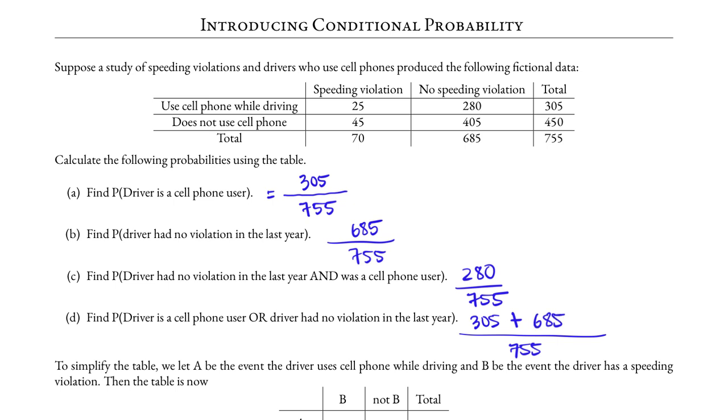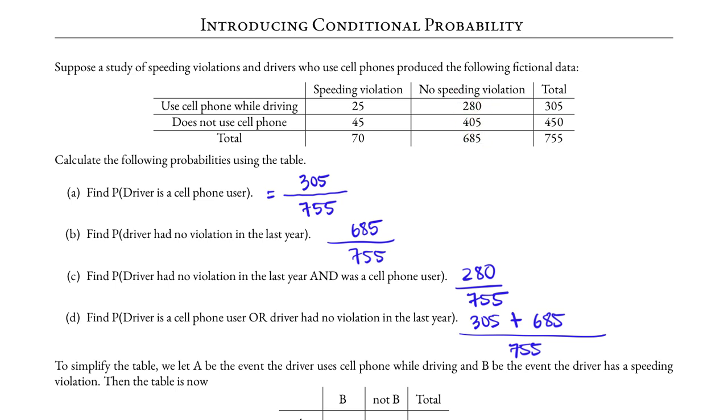685. But notice that when we use the number 305, which is from the row use cell phone while driving, and the number 685, no speeding violation, we counted 280 twice. 25 plus 280 to get 305, and 280 plus 405 to get 685.